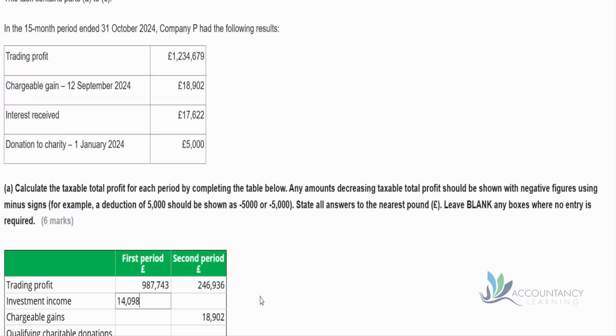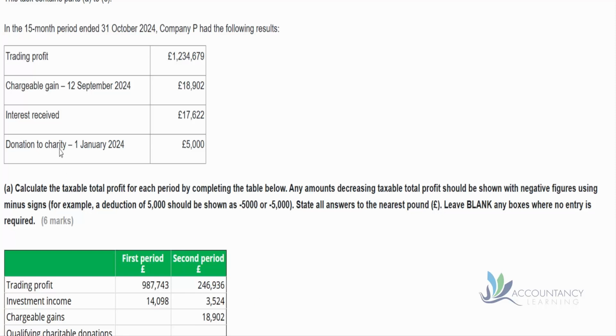Again, with a little bit of rounding because we need to round to the nearest pound. Then we do the same: we take the 17,622, divide by 15 and multiply by 3 for the second period, and we have a total of 3,524. Rounding down in this case.